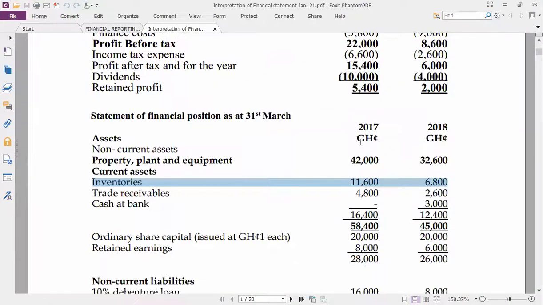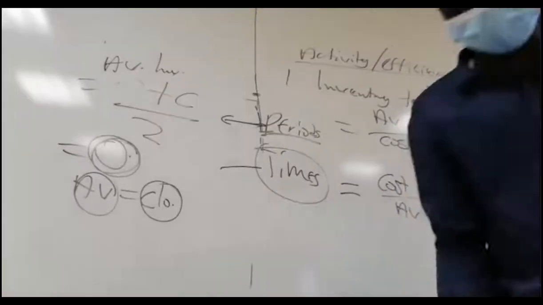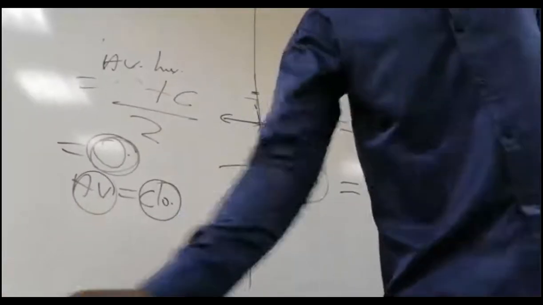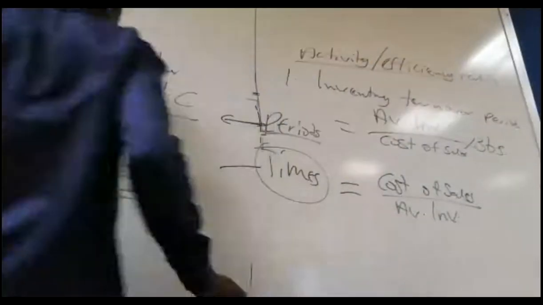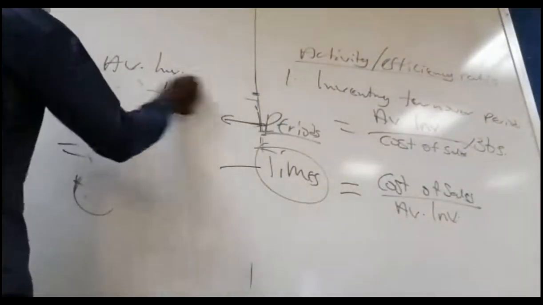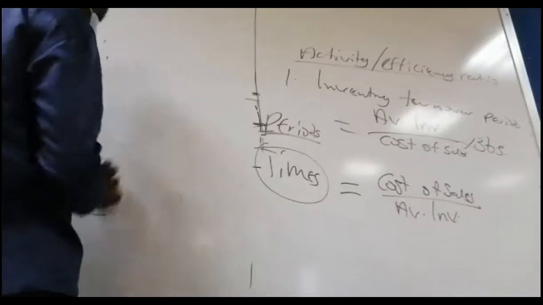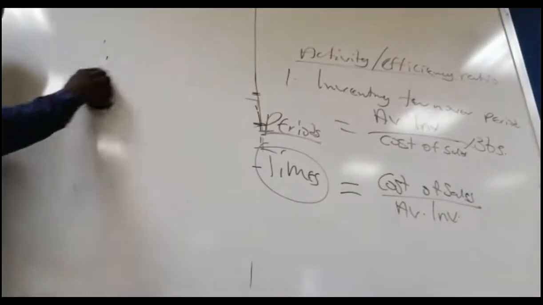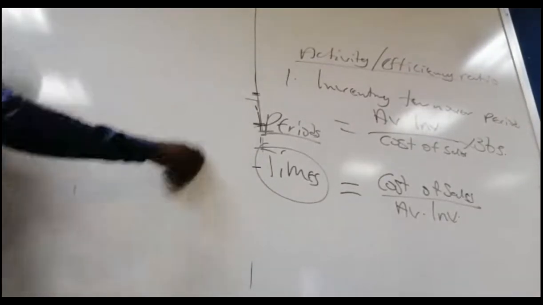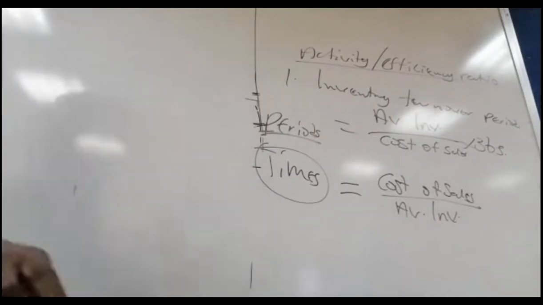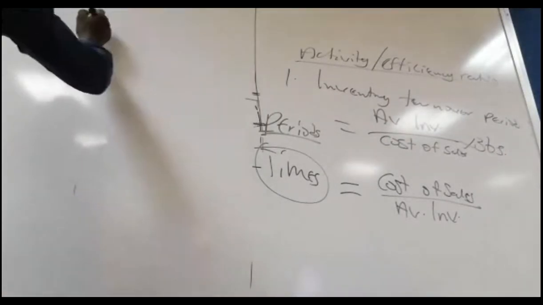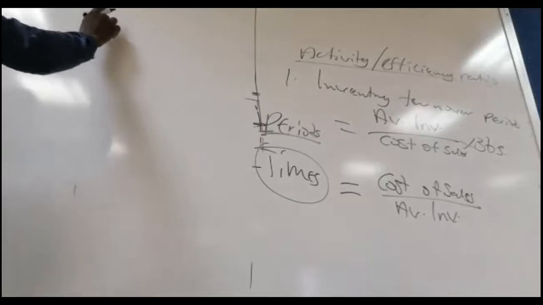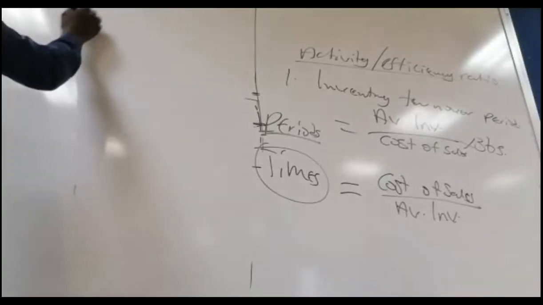Assuming that you are going to calculate the inventory turnover, I'll do that one alone. In calculation of the ratio, this is how we want it. You first of all write the ratio here.